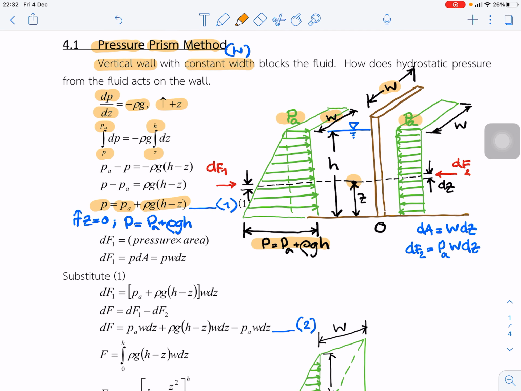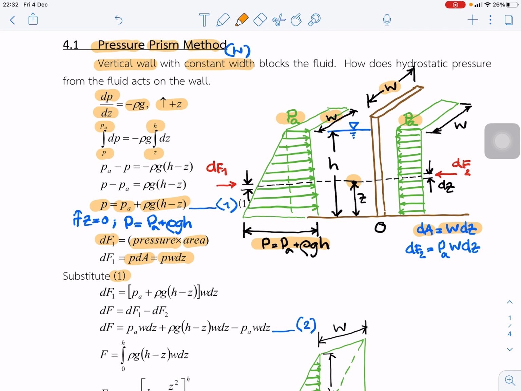Next, we find the force dF, which is equal to pressure times area. The area dA is W times dz, so we get dF equal to P W dz.